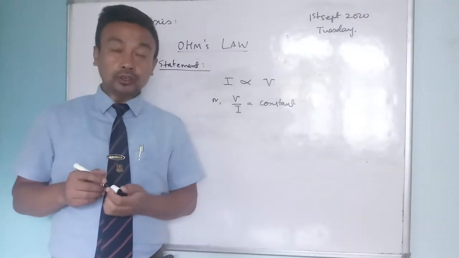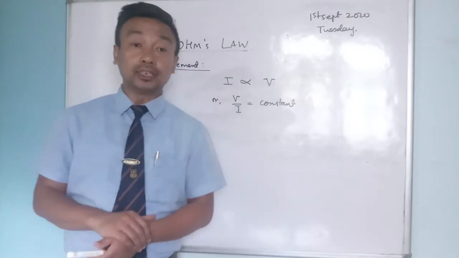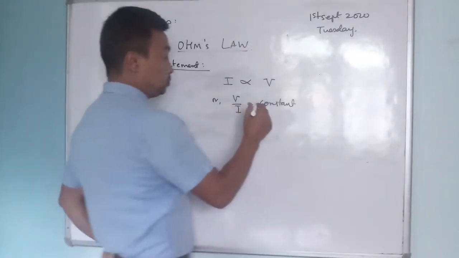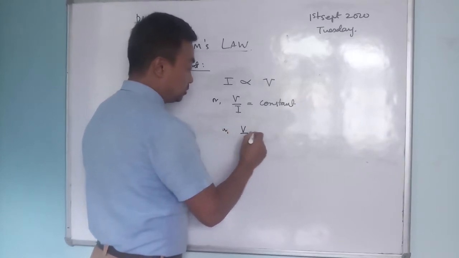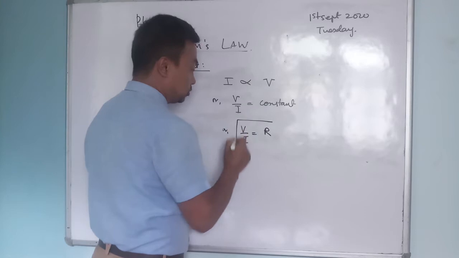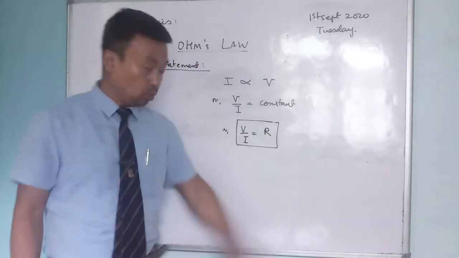This constant is equal to the resistance of the conductor. So we get the formula of the resistance from Ohm's law.